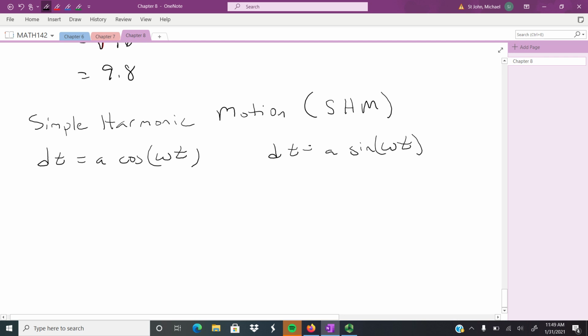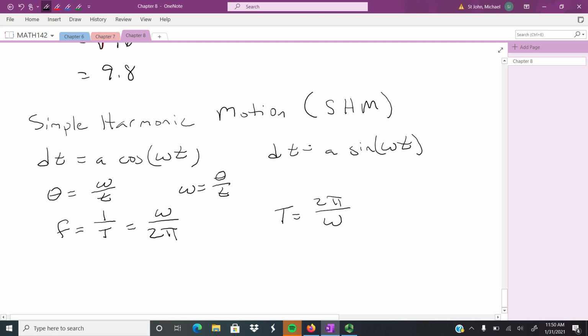Okay? And so omega is the angle over t. Okay? The frequency is 1 over the period, which is given by omega over 2 pi. And so the period is 2 pi over omega.